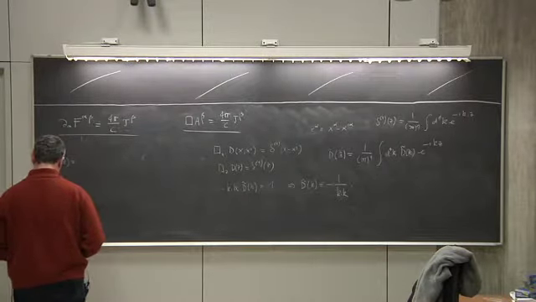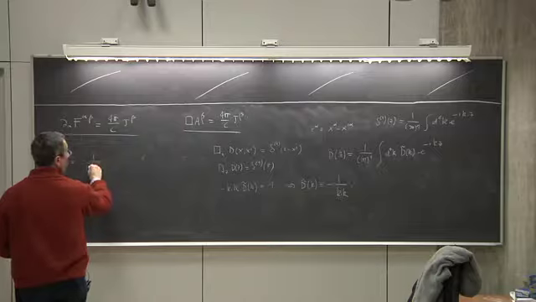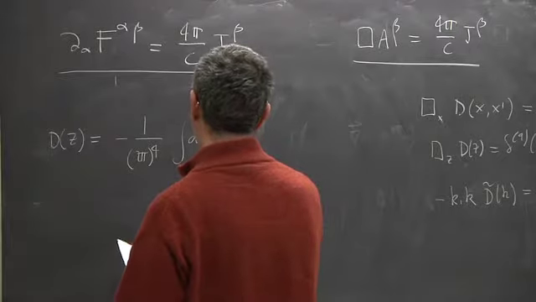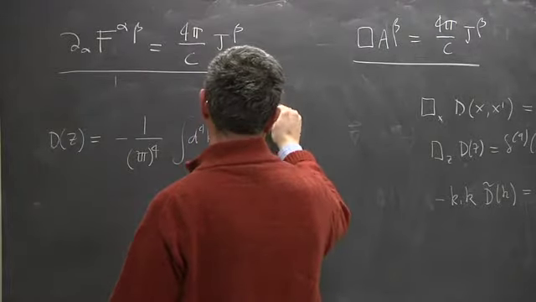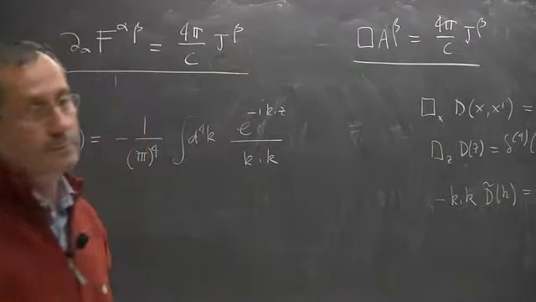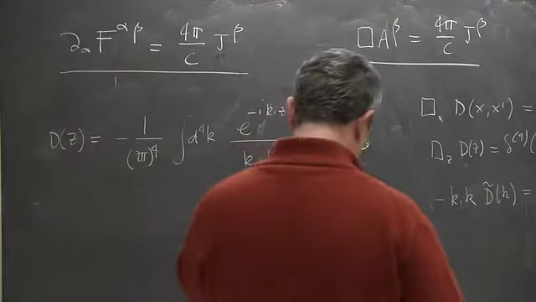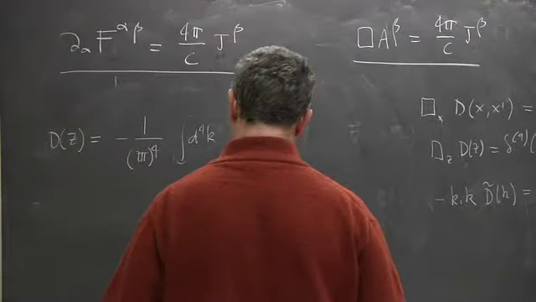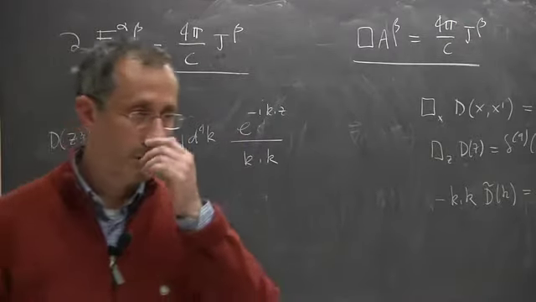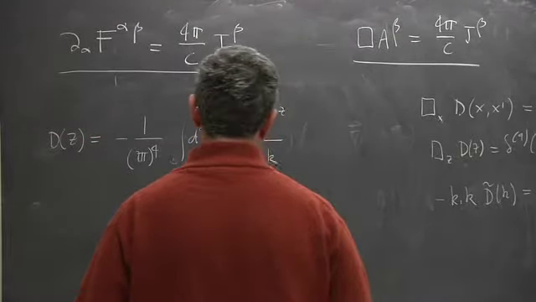Your Green function G(z) is going to be 1 over (2 pi)^4 with a minus, and then you have to do this integral. But you see that there is a singularity in the integral, so you cannot do it right away. You have to be a little bit careful.